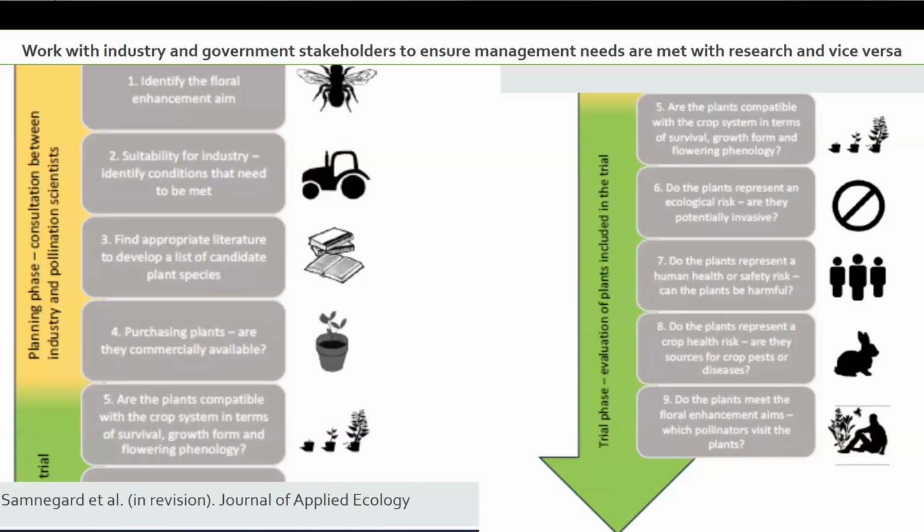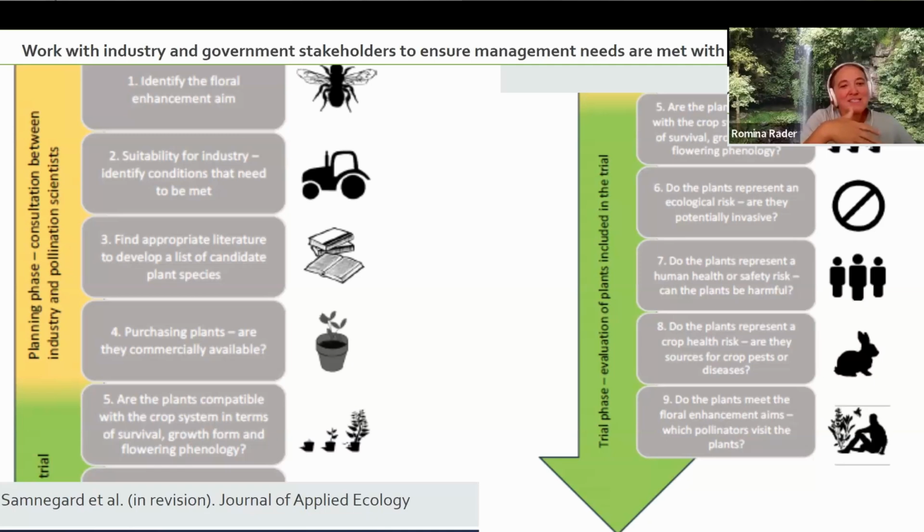This just gives a summary of a flowchart, and it's a paper that we're trying to publish at the moment, which is in revision, and we're trying to understand what are these factors that influence the identity of plants that we might want to put on farms to support pollinators and other insects. And we've learned that it's not just about the plant that the pollinator is visiting. You need to think about whether the plant is compatible with the cropping system. Will it grow in that cropping system if there's acidic substrate, or the growth form?